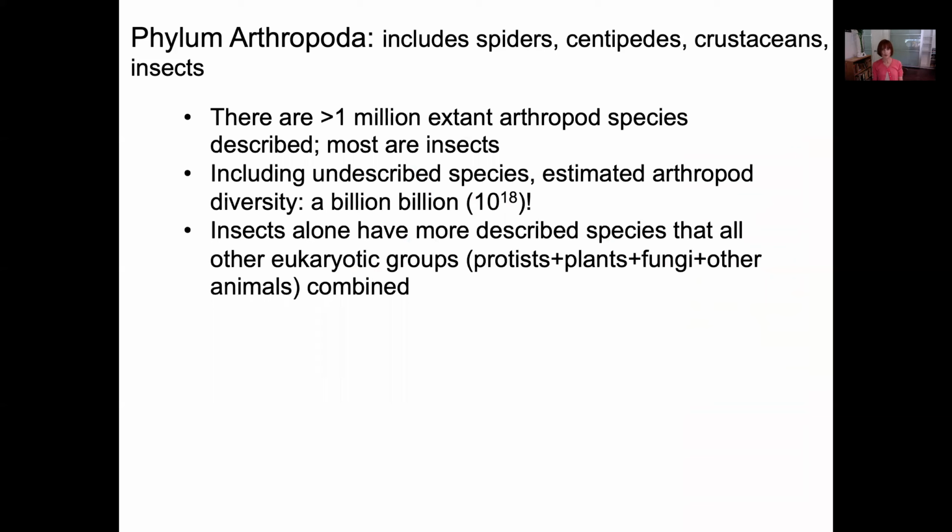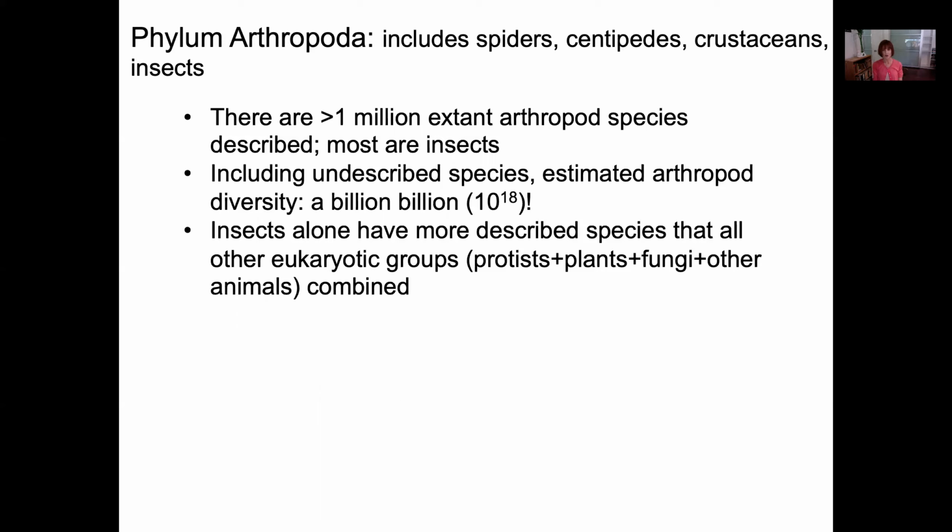And so as I showed you on one of the first slides in the first part of this lecture, there's more than 1 million extant arthropod species, and most of them, as you just saw from that pie, are indeed insects. And the estimated number of undescribed species of arthropods is literally astronomical. It's like 1 billion billion, which is just unimaginable.